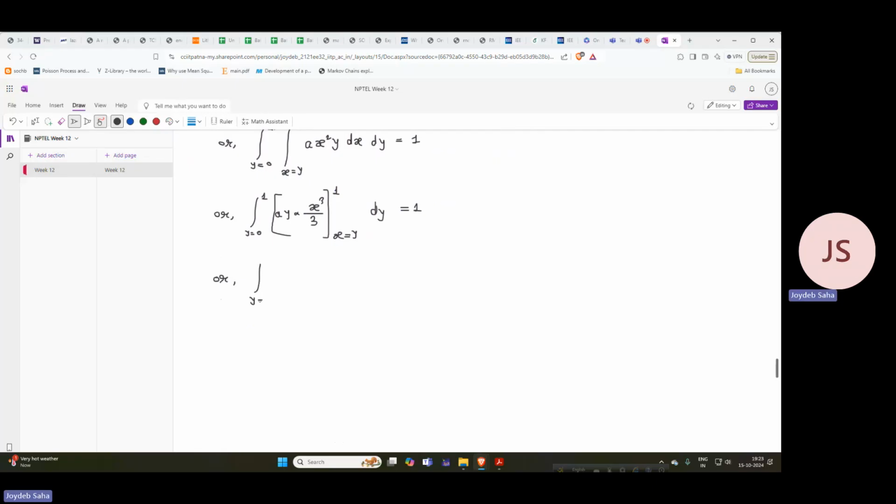It is y is equal to 0 to 1, and first we'll put x is equal to 1, right? If x is equal to 1, then it will be a y upon 3 minus, then x is equal to y, then it will be a y to the power 4 upon 3 dy is equal to 1.